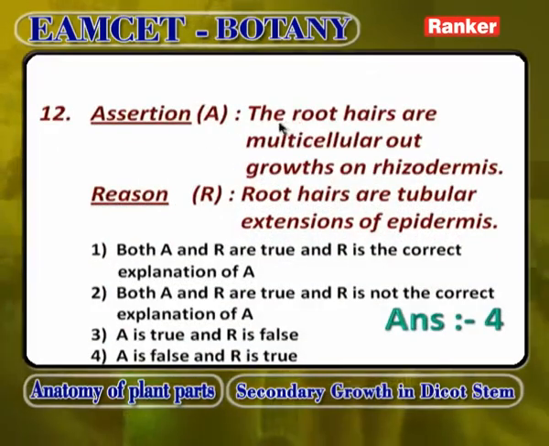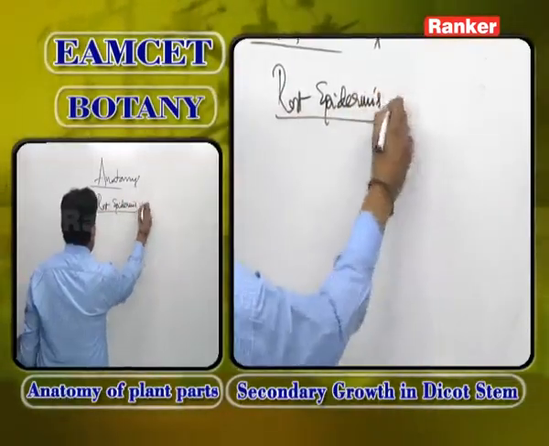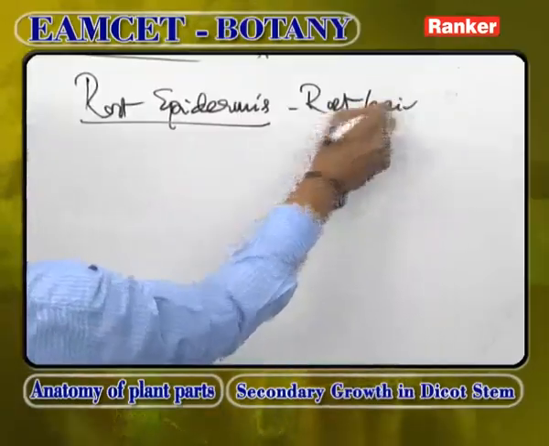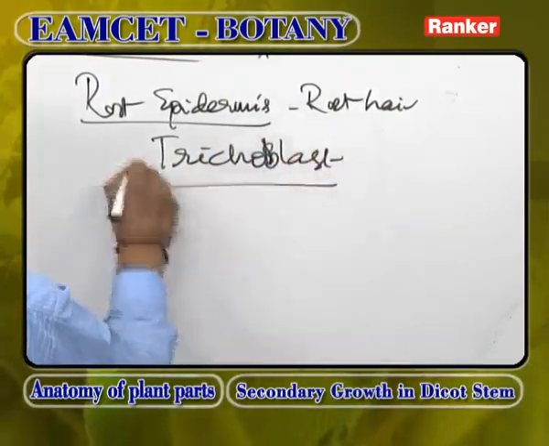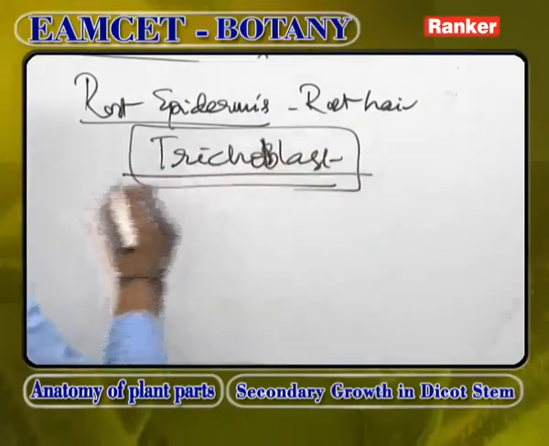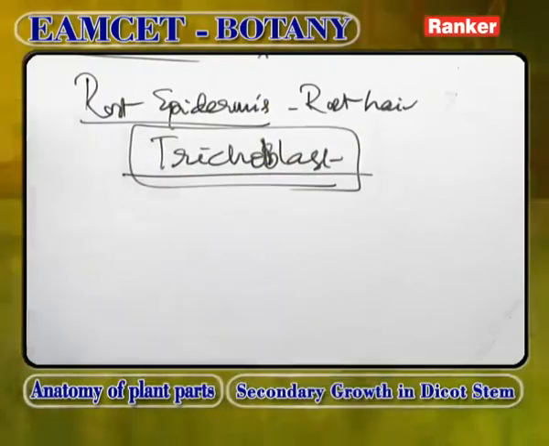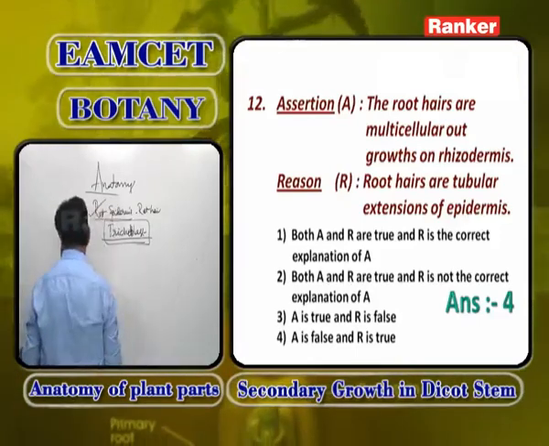Another assertion reasoning question. Assertion: root hairs are multicellular outgrowths of rhizodermis. Rhizodermis, epiblema, and piliferous layer are the names given to the root epidermis with root hairs. Some of the epidermal cells give rise to root hairs. Any epidermal cell that gives rise to a root hair is called a trichoblast. Root hairs are tubular extensions of the epidermis, which is correct.